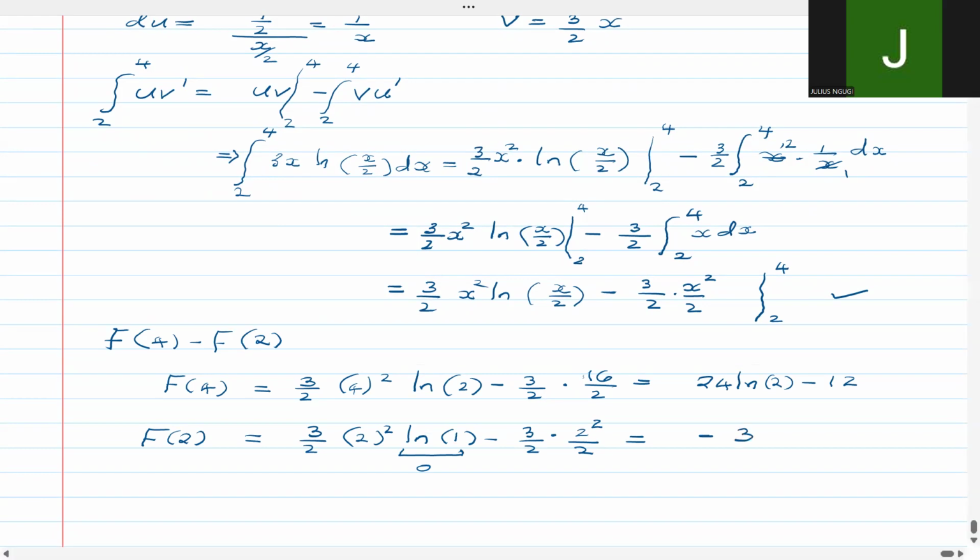That's minus 3. And then the fundamental theorem of calculus: the integral from 2 to 4 of the given function f of x dx is equal to F at 4 minus F at 2. So you subtract F of 4, which is 24 ln of 2 minus 12, minus F at 2, which is minus 3.